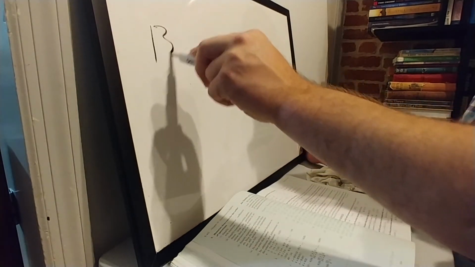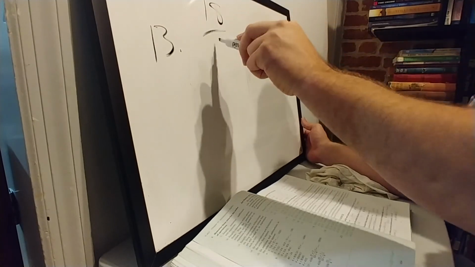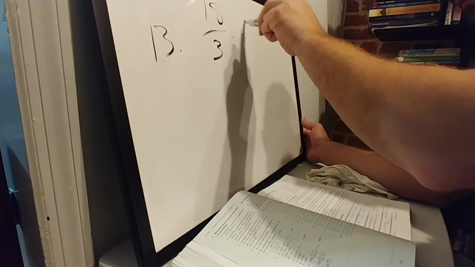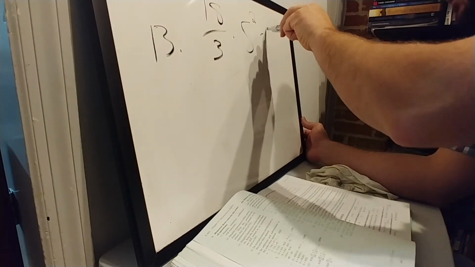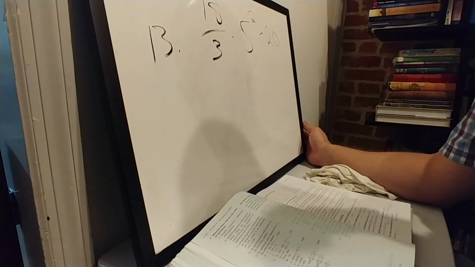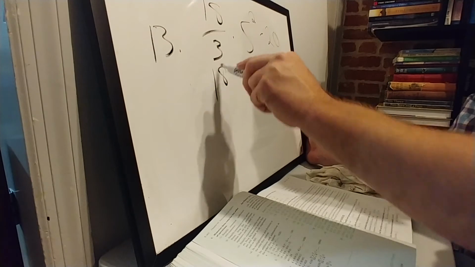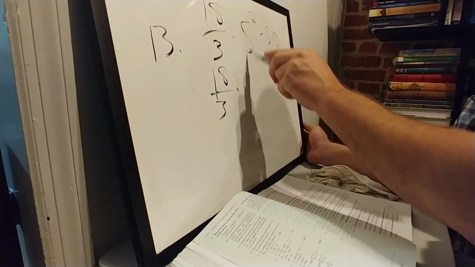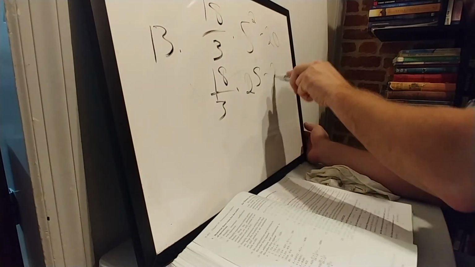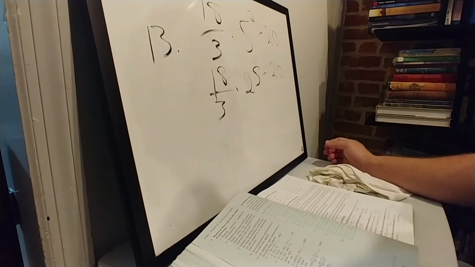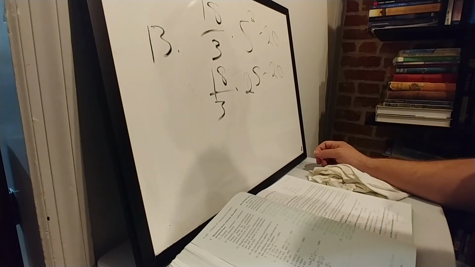All right, and then part C, they just want you to simplify the expression. So let's do number 13. We have 18 divided by 3 times 5 squared minus 20. If you remember, rule number 1 was any exponents. So that would be 18 divided by 3 times 25 minus 20. Then what's next? Well, you do multiplication and division in the order they come.